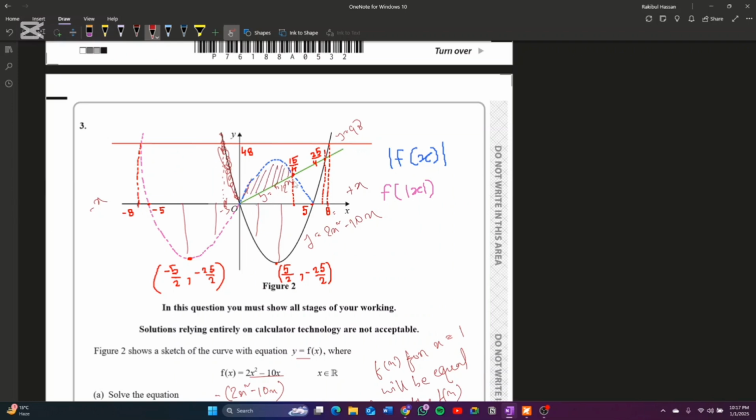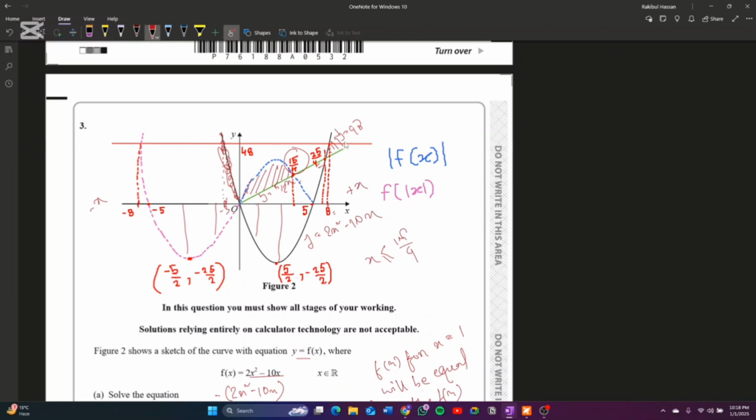This part is below the 15 over 4 mark, which means that x must be less than or equal to 15 over 4. And in this part, like 25 over 4, you can see that along this part the curve is below the line, and the curve becomes greater than the line again after this 25 over 4 mark.